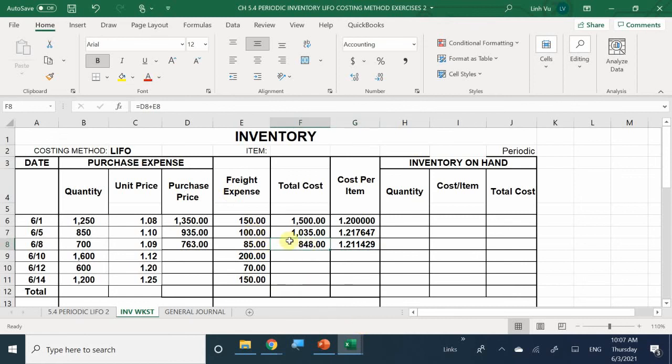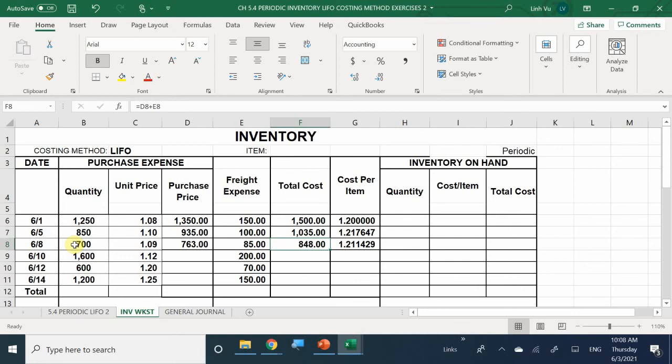You're going to take your 848 and divide it by your total quantity. I purchased 700 items, so you divide 848 by 700 to get 1.2114. Now I get it. Of course, you're dividing it by the quantity. Correct.